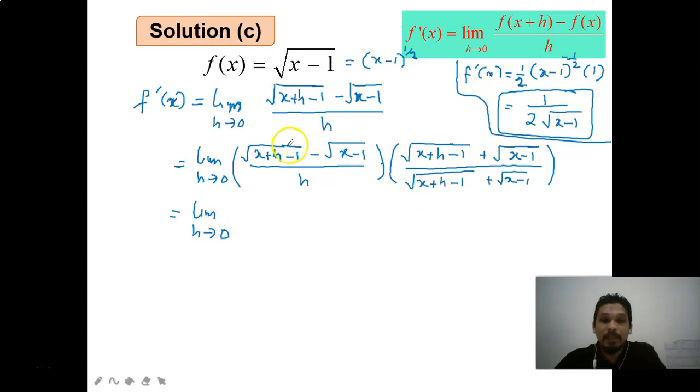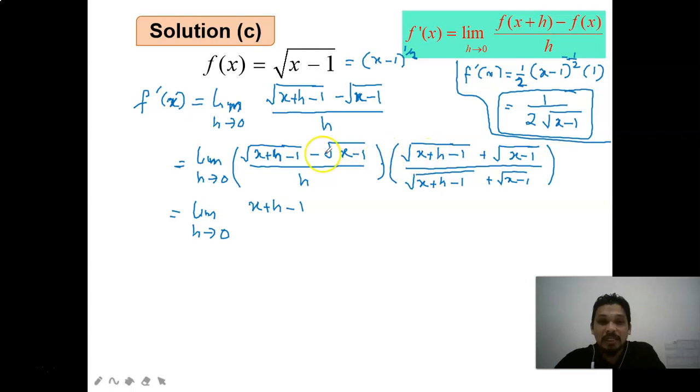Okay, now multiply between these two conjugates. Square root of x plus h minus 1 multiplied with square root of x plus h minus 1 gives you x plus h minus 1. This multiplied with this positive, and negative square root of x minus 1 multiplied with this side here, they are cancelling each other.